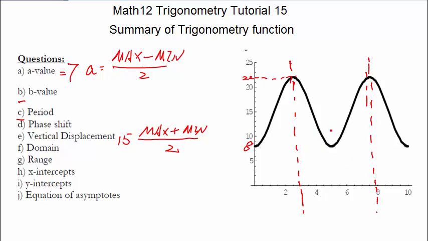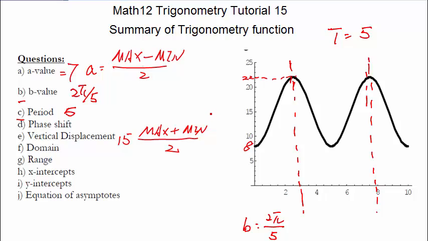So we have one period from 3 to 8, which is equal to 5. Once we have the period, the B value is easy. B equals 2 pi over the period, which is 5. So B equals 2 pi over 5.